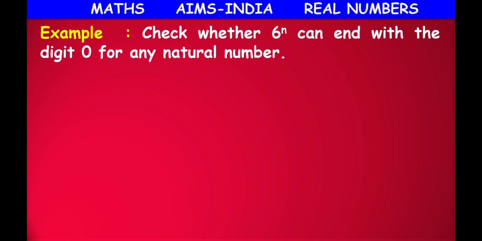They are asking whether it will end with the digit 0. In place of n, we can take any natural number like 1, 2, 3, 4. If we go on taking natural numbers, whether 0 will come at the one's place of that value, we have to check.